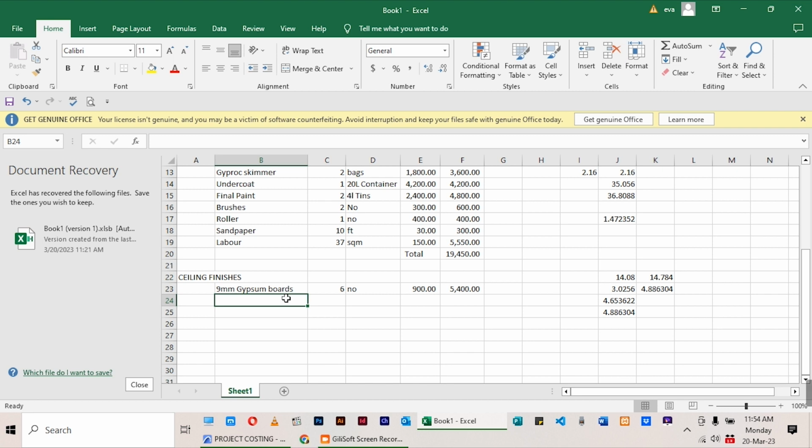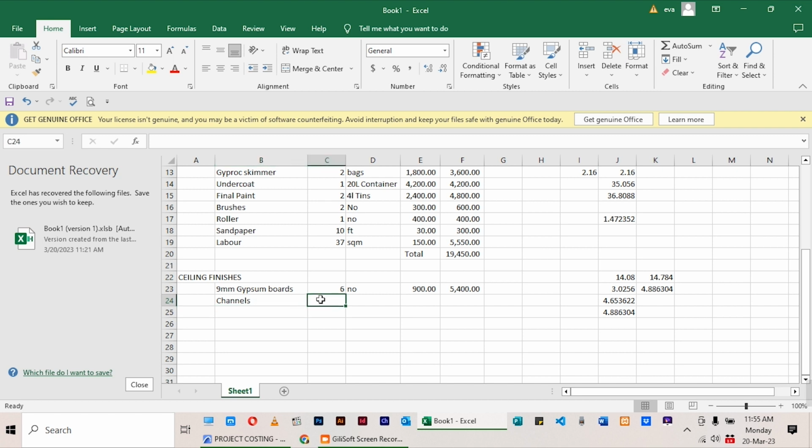ceilings need what we call channels. Channels are metallic struts that are used to hold the gypsum. So how do you calculate the number of channels that we need? What we normally do is, to be on the safe side, we do 4 channels per board, and you have 6 boards.